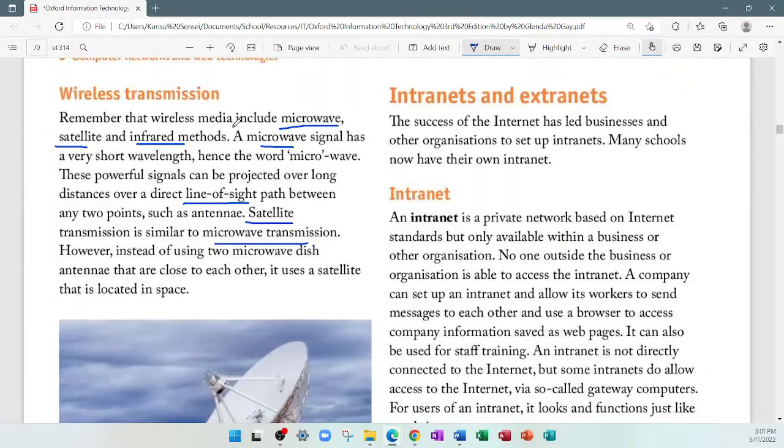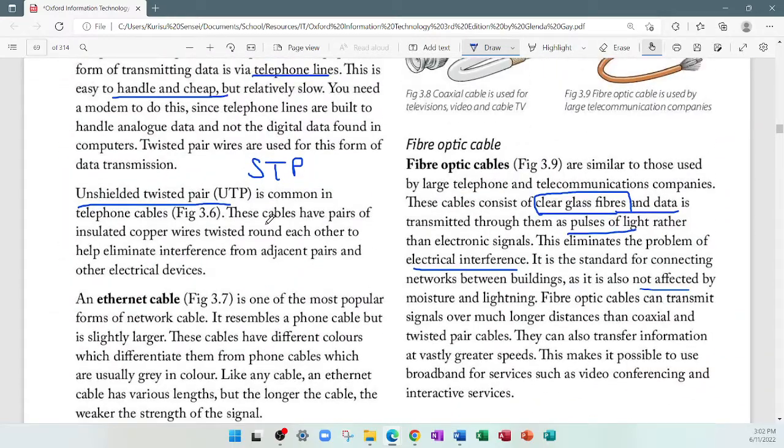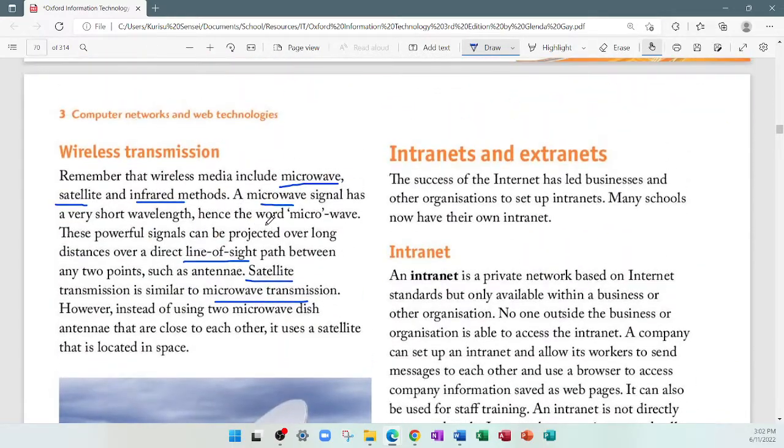Now for wireless technologies, in the past they weren't as fast as Ethernet and coaxial, but today they're picking up in that area.